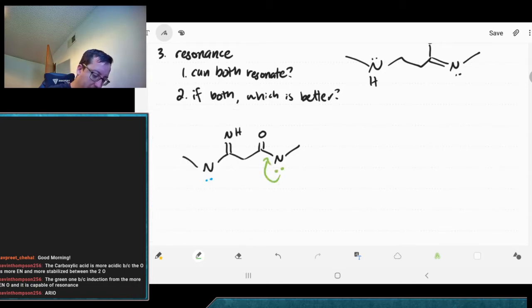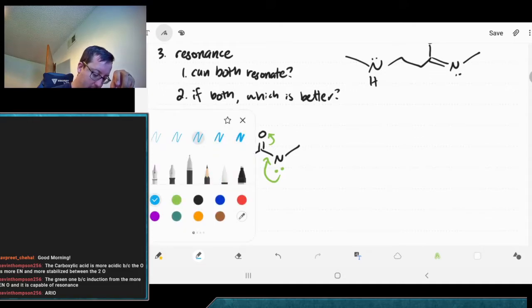We're going to see the green one can resonate to an oxygen. The blue one can resonate to a nitrogen. So while now both can resonate, the green one's going to resonate onto an oxygen. Blue one's going to resonate onto a nitrogen. Oxygen's more electronegative. That resonance form is going to be more stable than the other one. So the oxygen one is going to win here. So the green one will again be the winner.